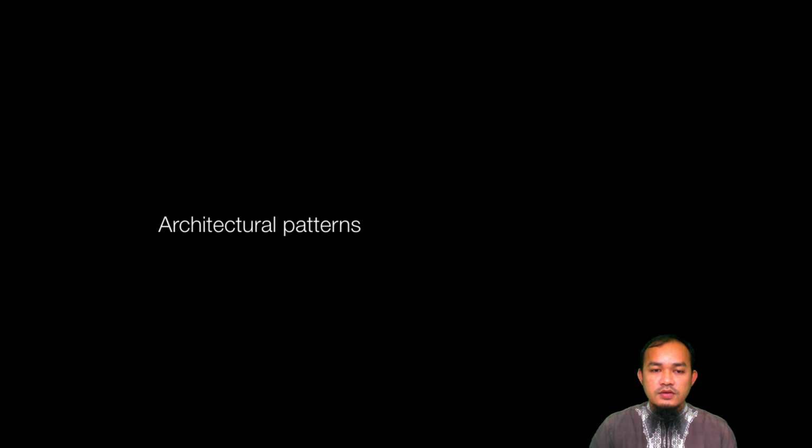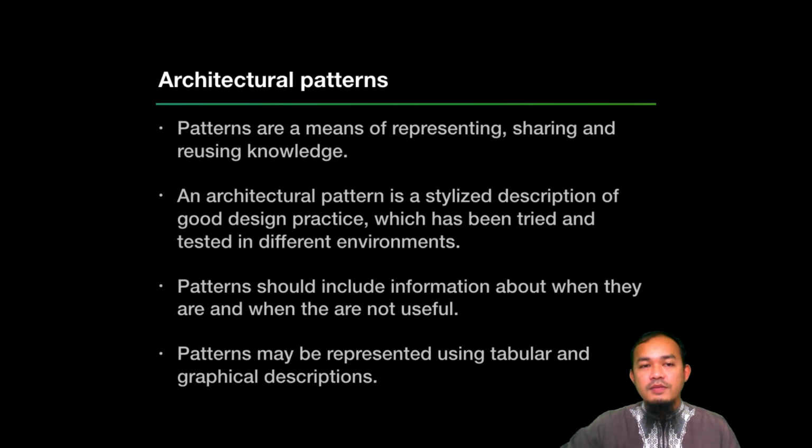You don't need to reinvent the wheel by yourself. Someone already faced the problem, so we can solve it based on the solution they explained. In architecture we also have patterns, called architectural patterns.